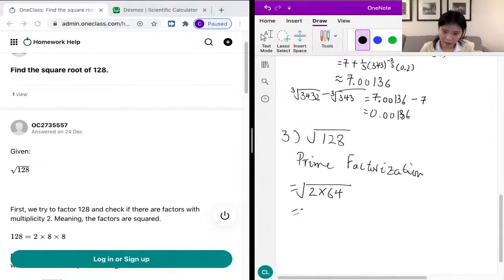And we also know that 2 is a factor of 64, so 64 divided by 2 is 32.